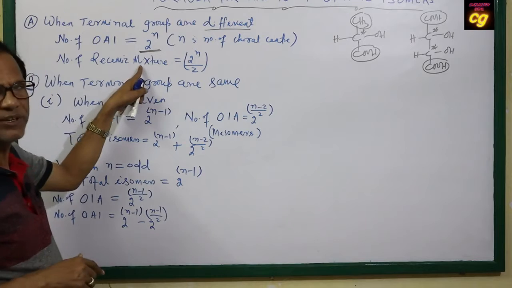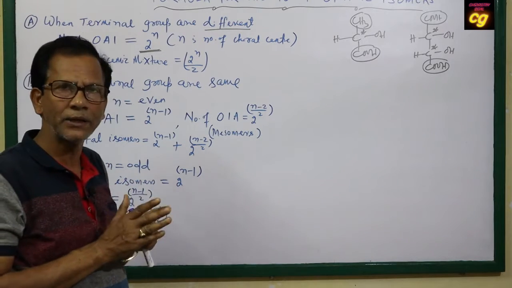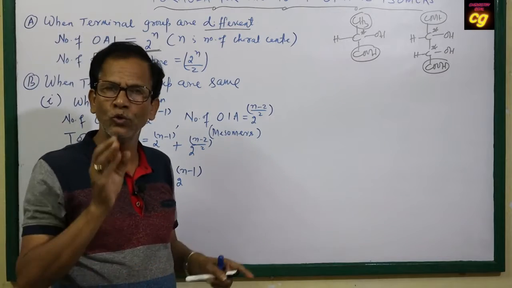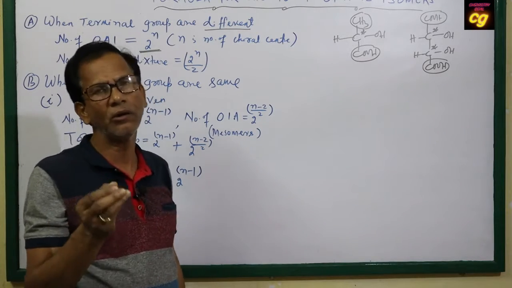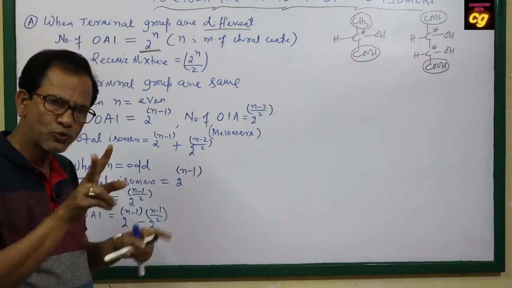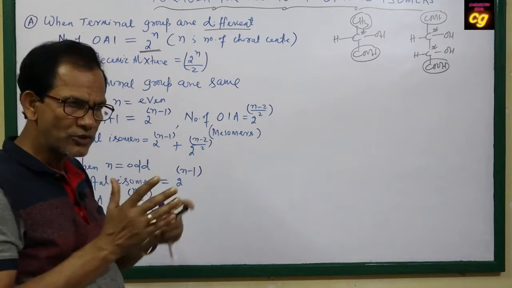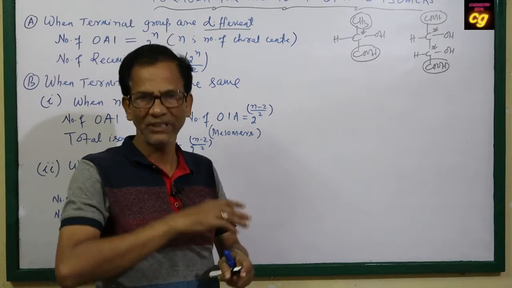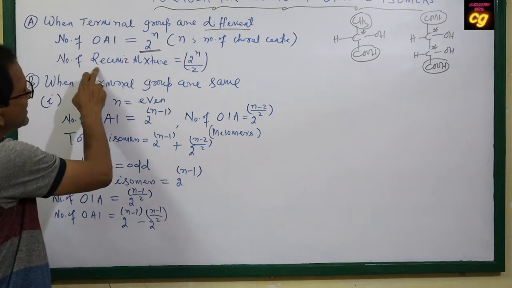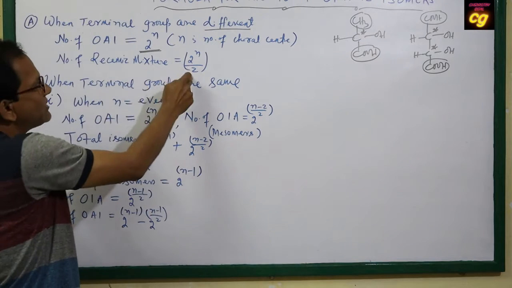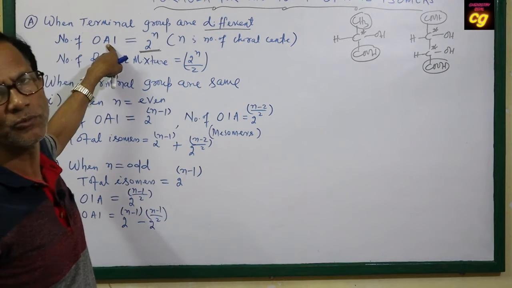Then optically active isomers have two types of rotation, clockwise or anti-clockwise, dextrorotatory or levorotatory. These two isomers are called enantiomers. If these two isomers are mixed in equivalent amounts, the result is a racemic mixture. So the number of racemic mixtures produced is always half of the total number of optically active isomers.